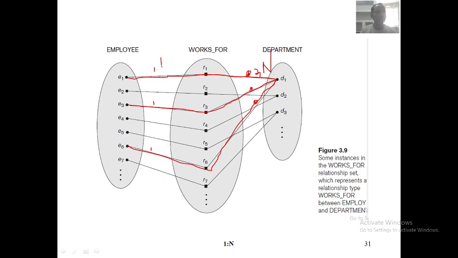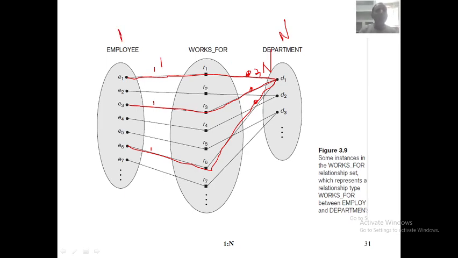Employee 2 is working only for department number 2. Employee 4 is also working only for department number 2. But department number 2 has 2 employees. So on one side its cardinality ratio is n, and on the other it is 1.